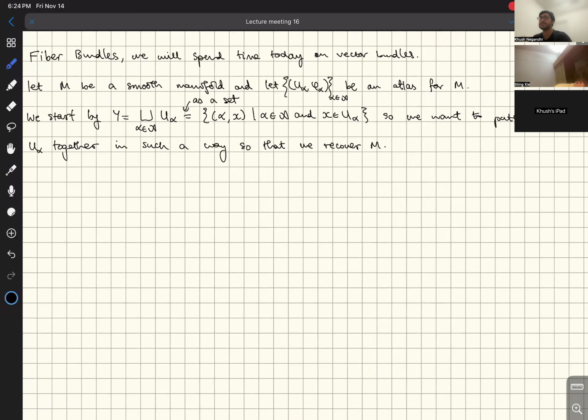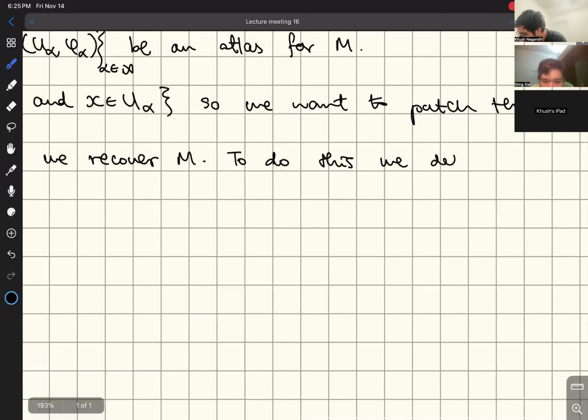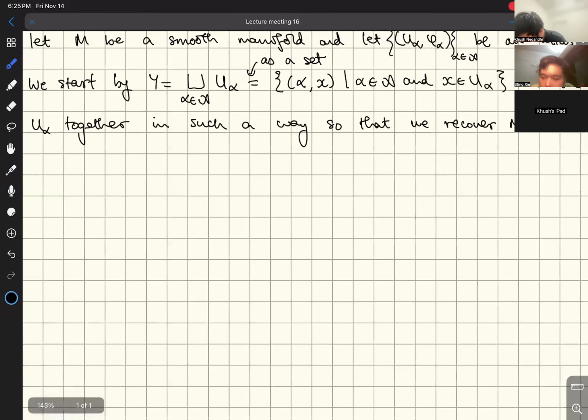So their topology is obscured. To do this, we define an equivalence relation on Y.